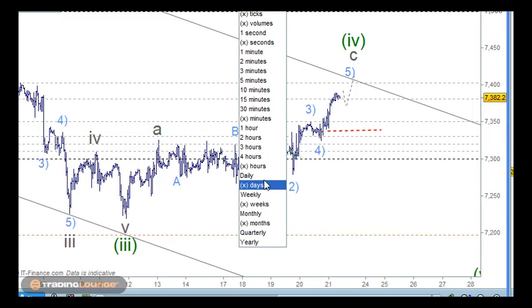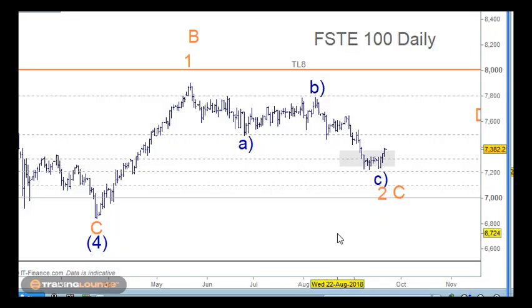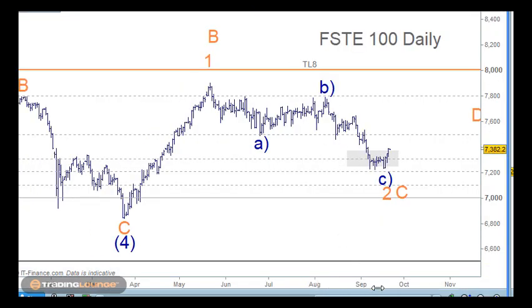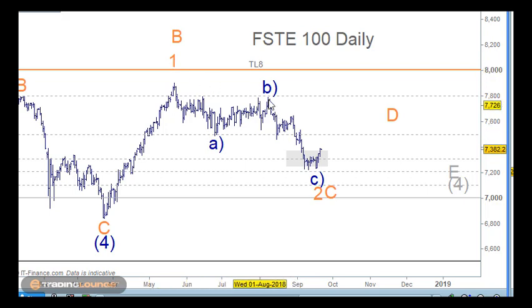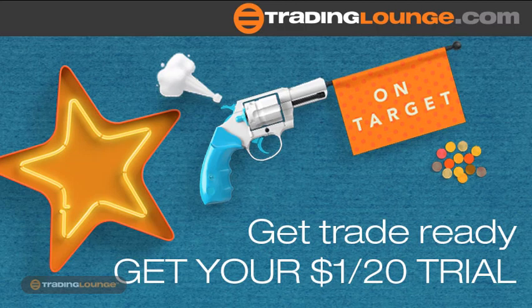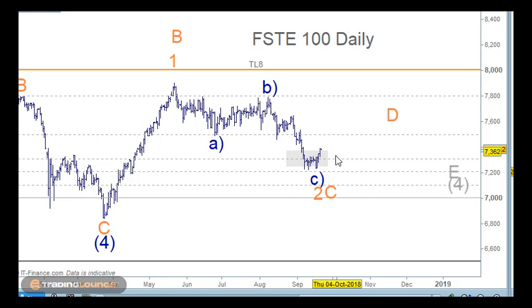Meaning, coming back to the daily chart here, do I consider the ABC here for wave 2 already being in place, and we go straight up from here, or do we go up in here as a wave D here, and same with the alternative count in the other 2 markets, and move up from there as a C, D and E here.